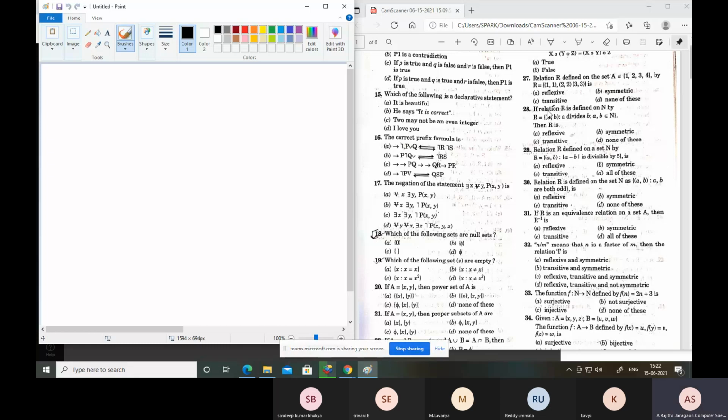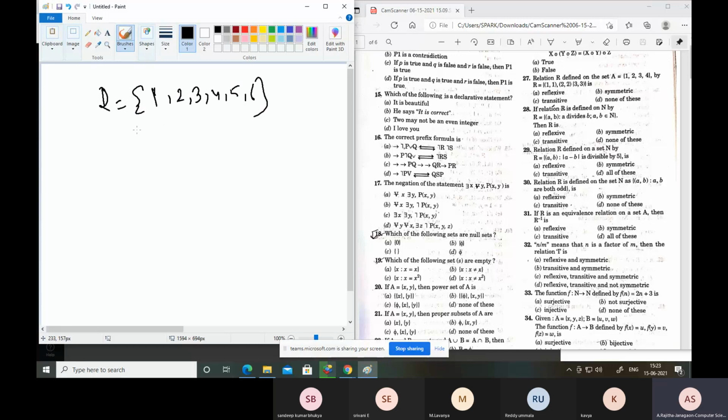Then next, if relation R depends on natural numbers, A divides B, where A, B belong to N, then R is what? R is reflexive and transitive. For example, suppose the set is 1, 2, 3, 4, 5, 6.